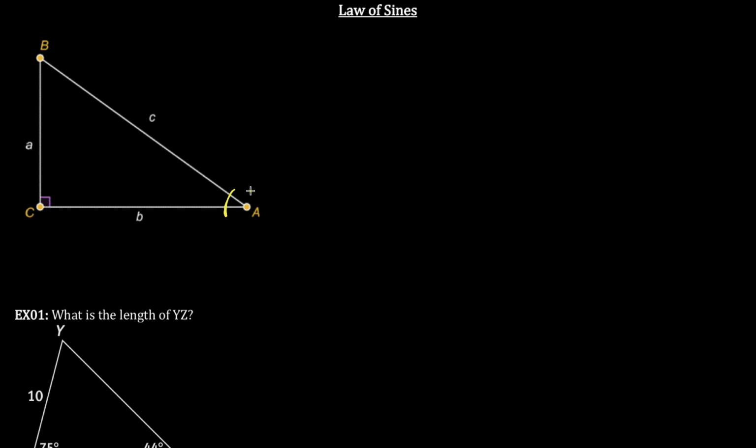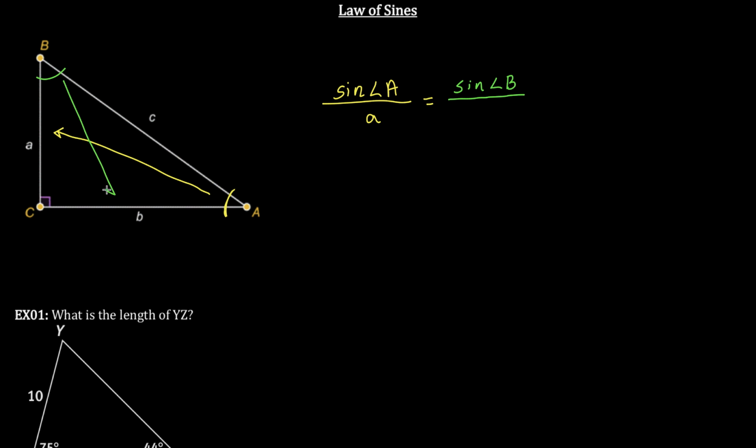So we have this angle A right here, right? So the sine of angle A over the length across, opposite of it, so we'll say side A, is proportional to the sine of angle B over the length B, so the side opposite of it, which is proportional to the sine of angle C over the side length opposite of it.